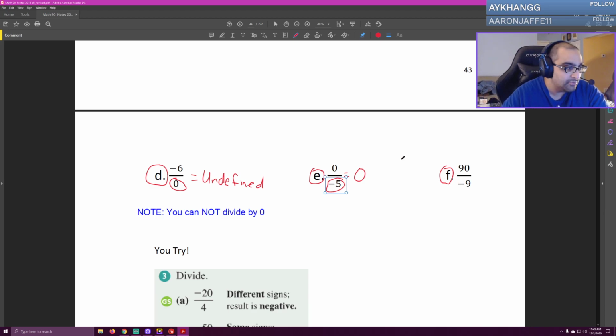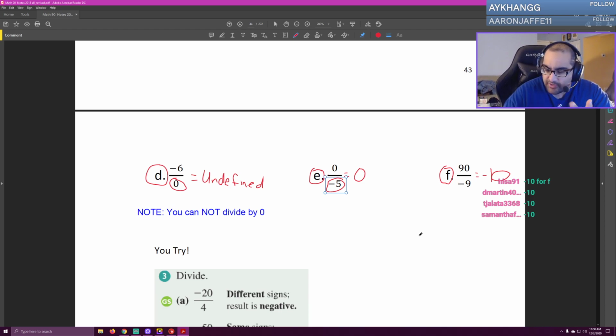Then it will be 0, perfect. How about letter F? Letter F. -10, yes. -10 is correct. All right, very good. Nice job, everybody. Good work.